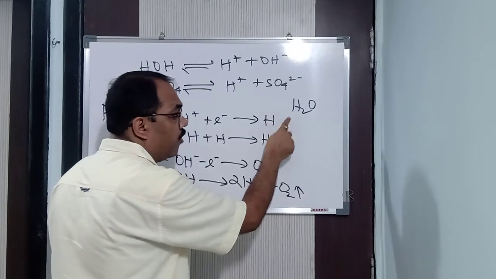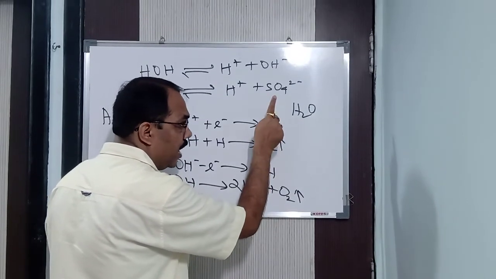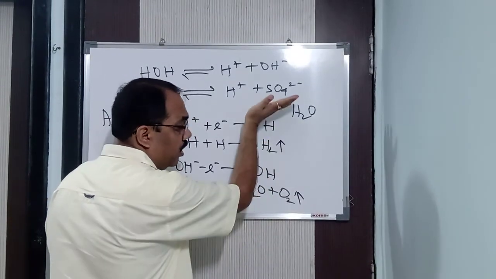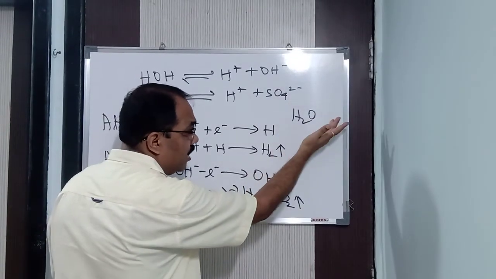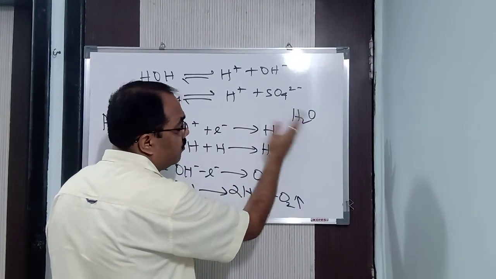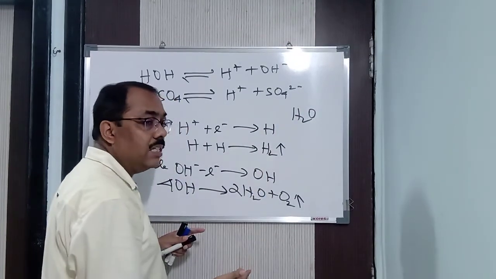Why? Because the volume of hydrogen gas collected above water is twice the volume of oxygen, and the volume of oxygen is half of that. Clear? So for that particular reason, we can see it.